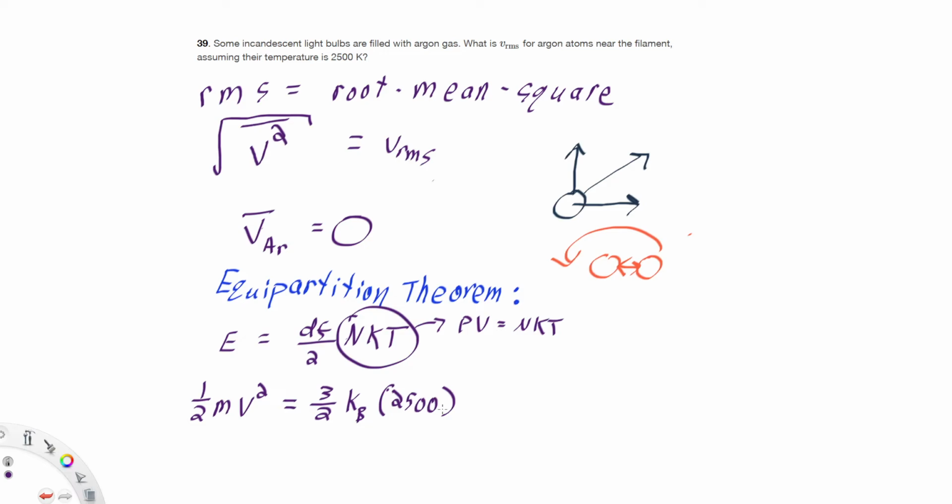Chemists will say PV equals nRT, lowercase n, capital R, where this is the gas constant, and this is the number of moles. And then the capital N for physicists is the number of molecules, and Boltzmann's constant.